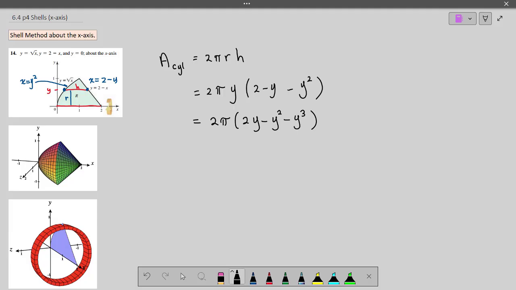That is our area function. Volume is the integral of area. So we're going to simply integrate this. And these y limits of integration, these horizontal elements are going from 0 to 1. So that's our setup.